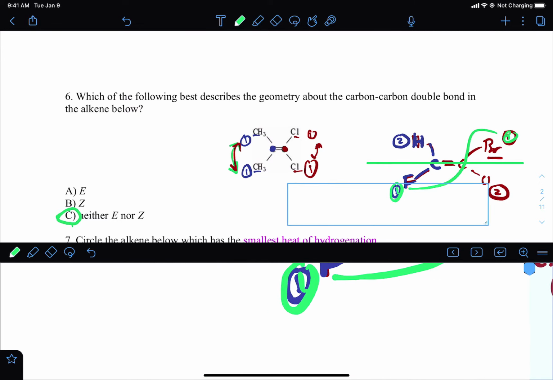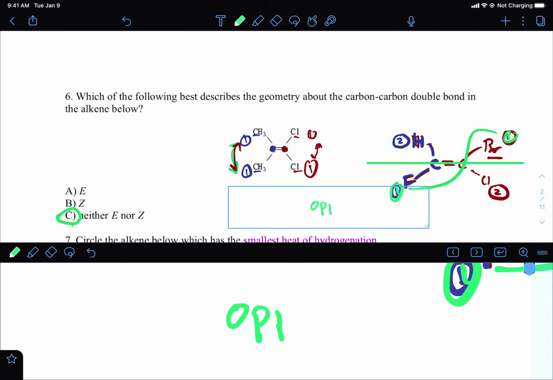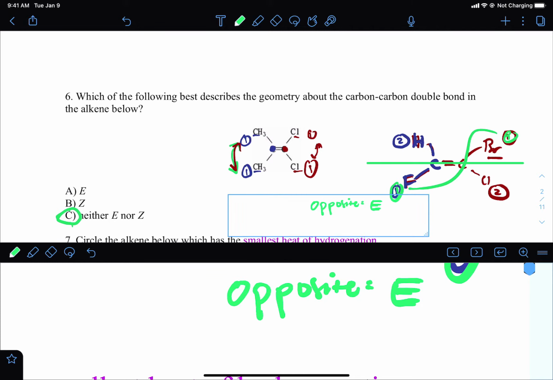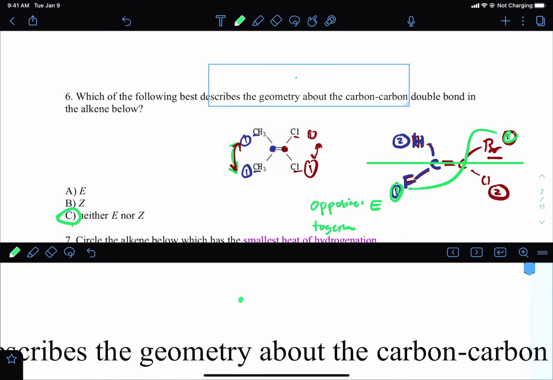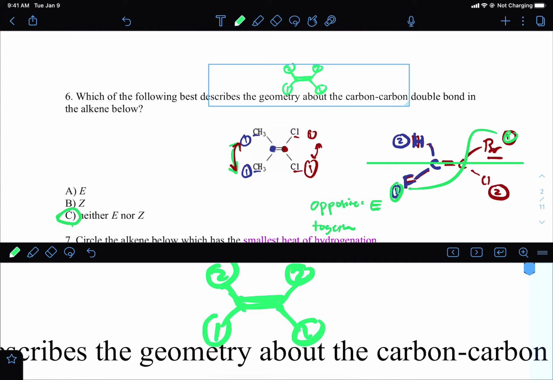If they are on opposite sides, it's called E. E stands for the German word entgegen, which means separate or apart. If they are on the same side, or if they're together, for example, if we had a structure where we had like 2 and 2 and 1 and 1, something like that, right?